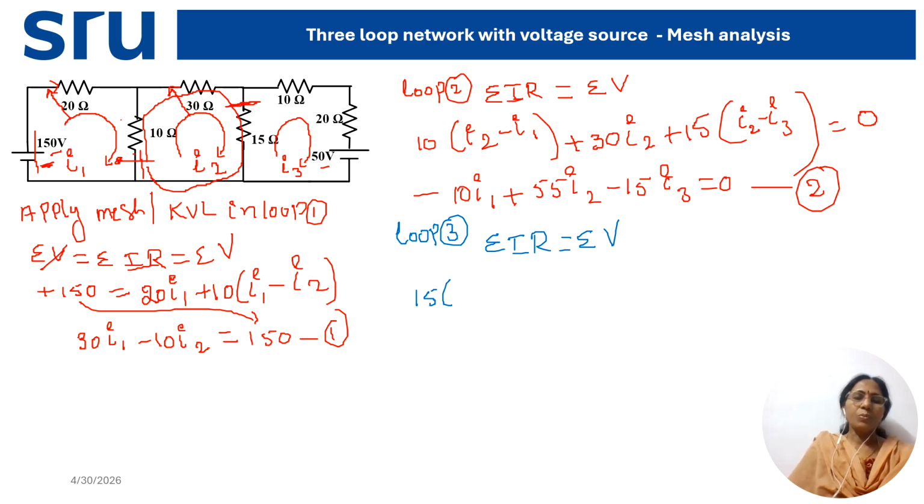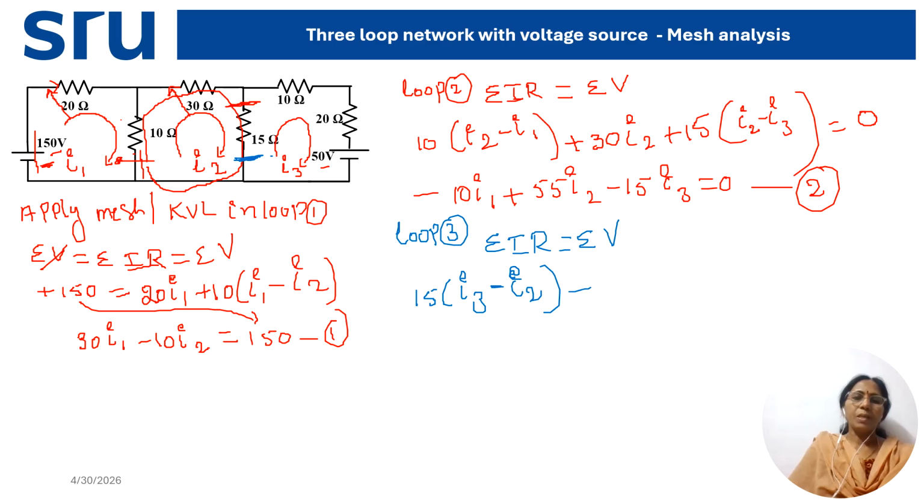We are writing in loop 3. And 15 is connected between 3 and 2, now we have to write I3 minus I2 because we are writing this drop in loop 3. So first you have to write I3 because we are writing in loop 3, minus I2. Okay, because 15 is connected between I3 and I2.